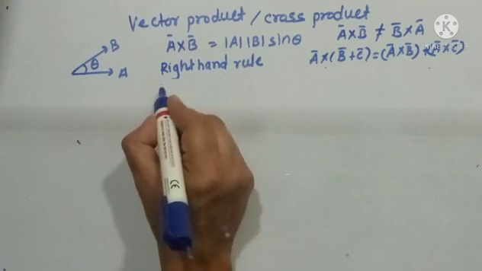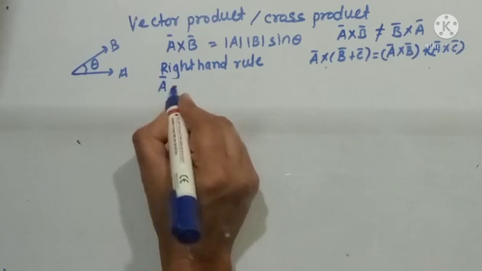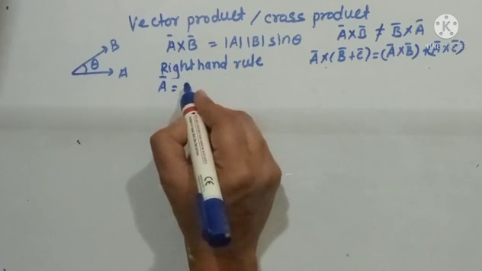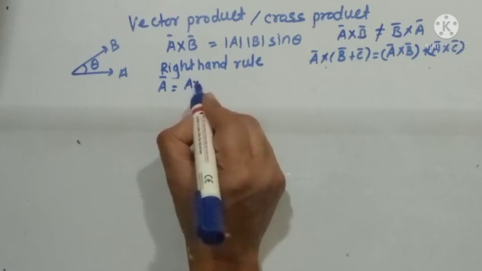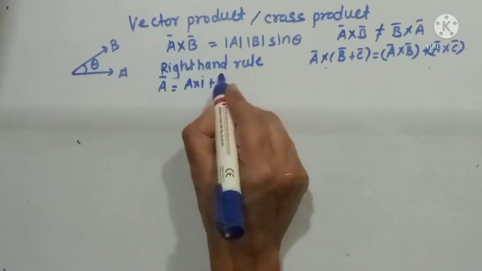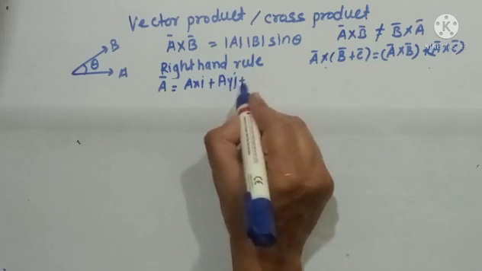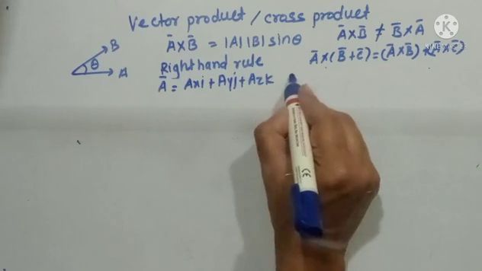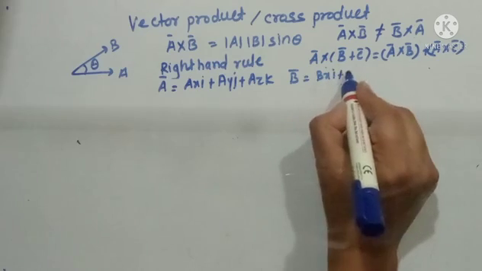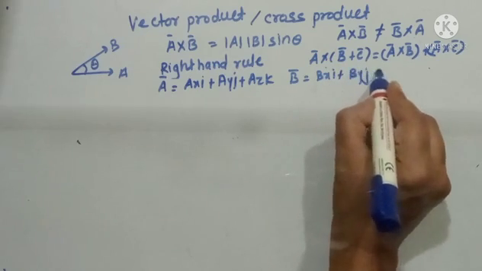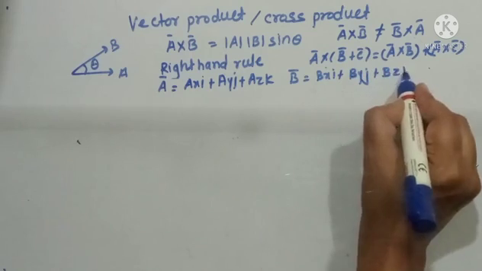Now let us have two vectors represented in their perpendicular components as ax i plus ay j plus az k, and another vector bx i plus by j plus bz k.